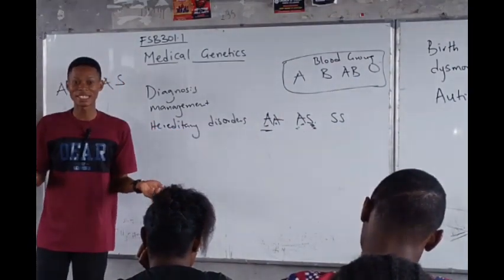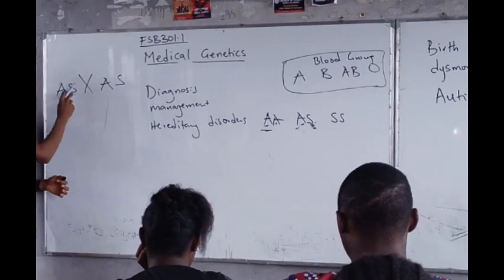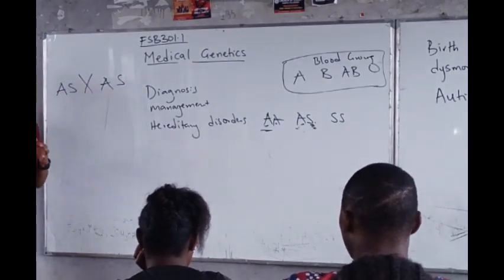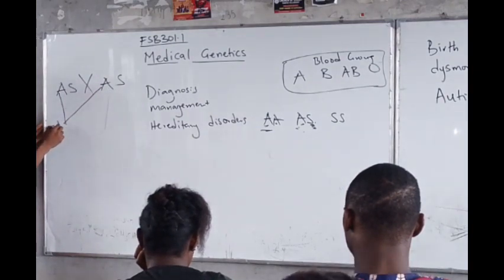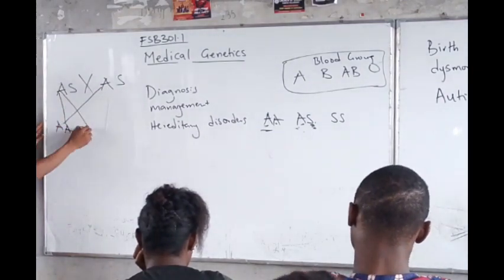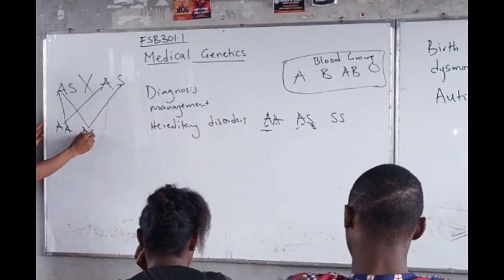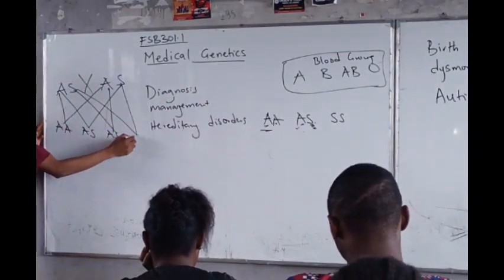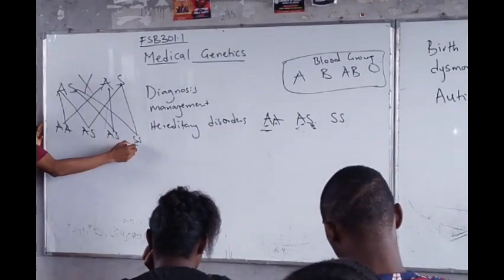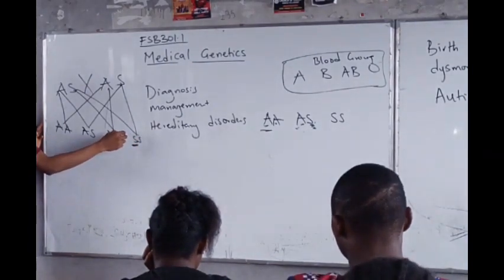If you are AS and you're AS, you'll be advised not to marry, because if you cross them, there is a chance of getting an SS.